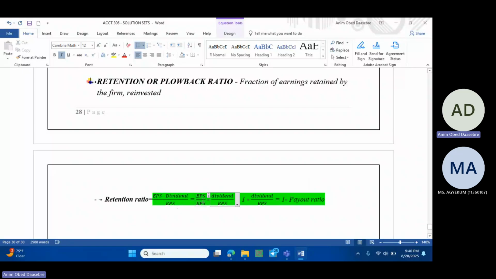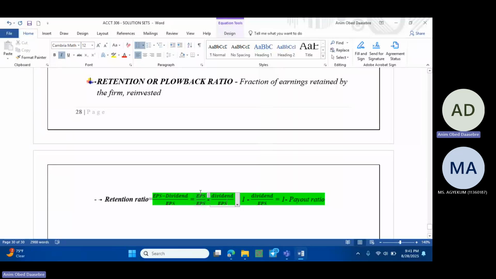Earnings per share can be rewritten as what? Because this earnings per share is dividing the first earnings per share, at the same time dividing the dividends. So when you split it, we have earnings per share divided by earnings per share minus dividends divided by earnings per share.